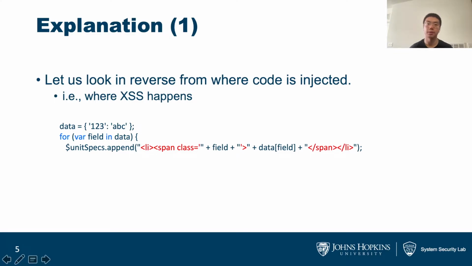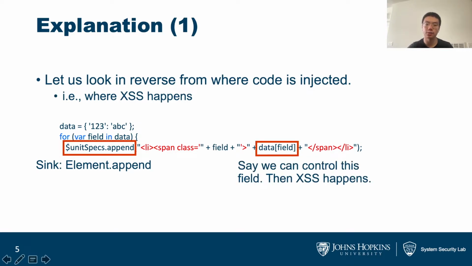So let's come to the explanation of that amazing example. Let us take a closer look in reverse from where the code is injected, which is where the cross-site scripting really happens. Inside this for loop, there's a cross-site scripting sink function, which is the DOM element's append function.